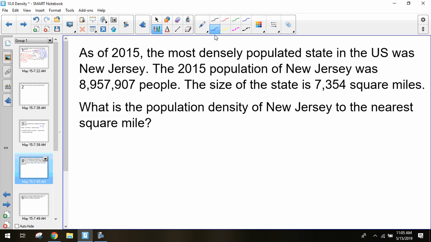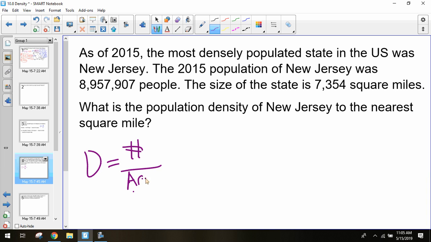And so, like we just were talking about, density, once again, is the amount or the number of something divided by the amount of area or space it takes up. And so our amount of people, our population of New Jersey, is 8,957,907.